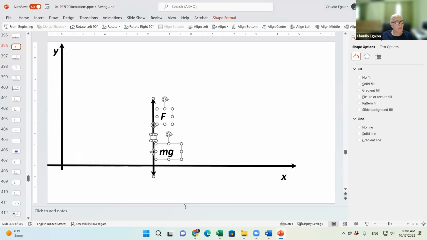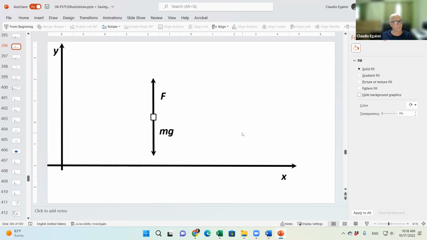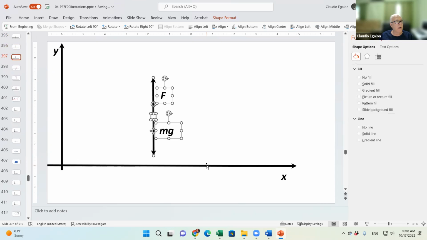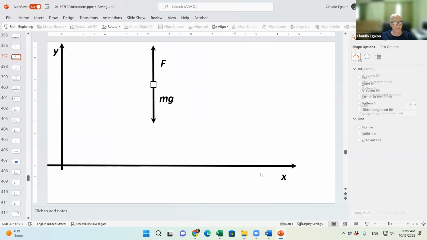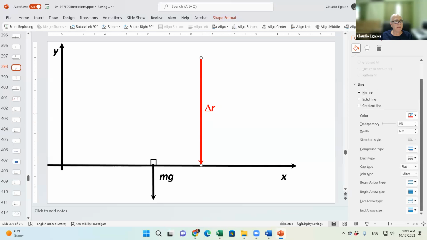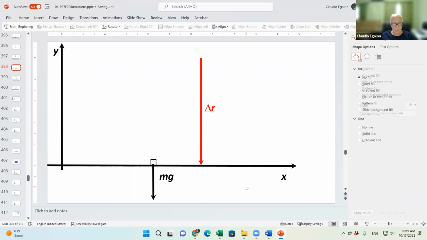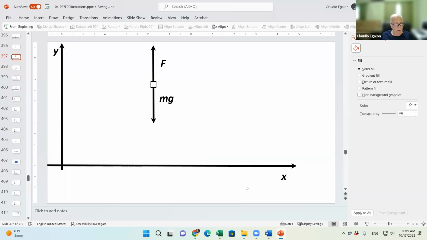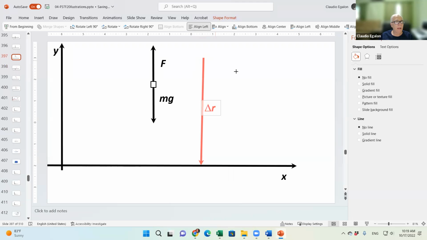There you go. It's going to move upwards, let's say a distance delta r. And here you go. Even better, instead of delta r, I'm going to call that delta y.